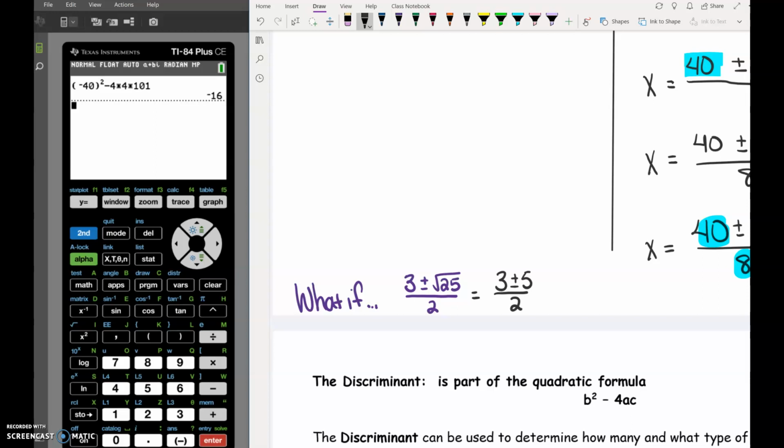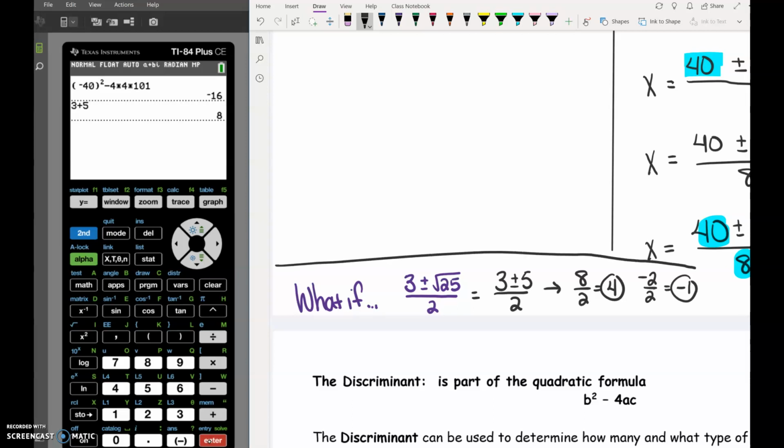And there's no square roots. So this would be 3 plus 5, which is 8, over 2. So one of our answers would be 4. We would also do 3 minus 5, which is negative 2 over 2. And that answer would be negative 1.